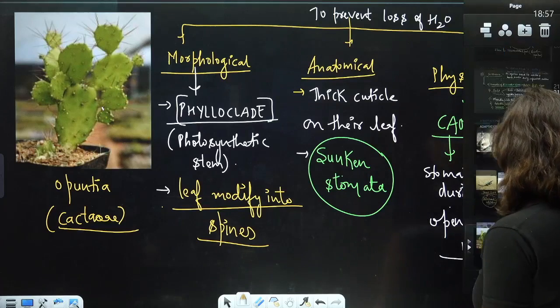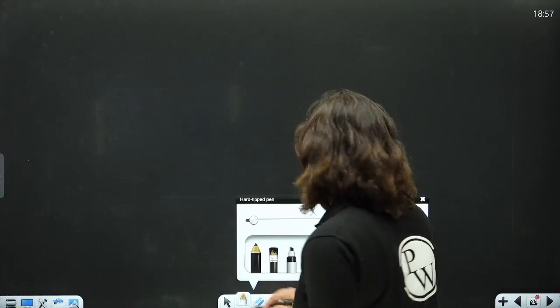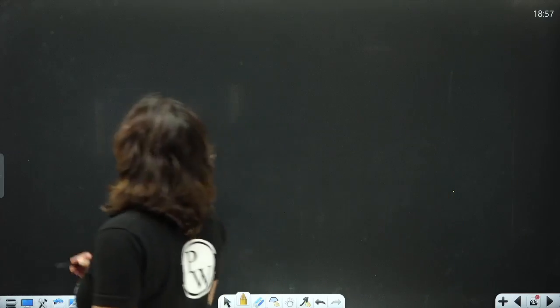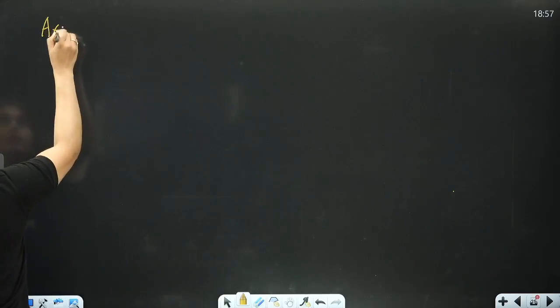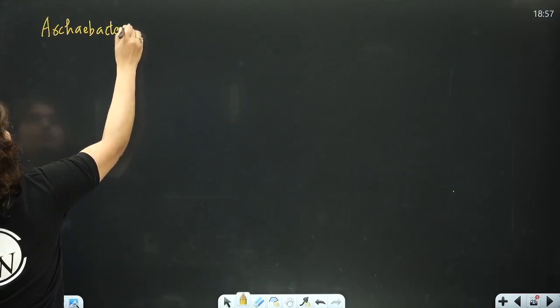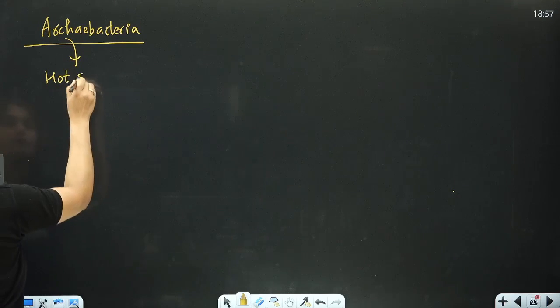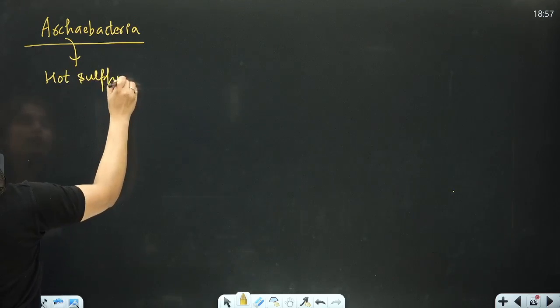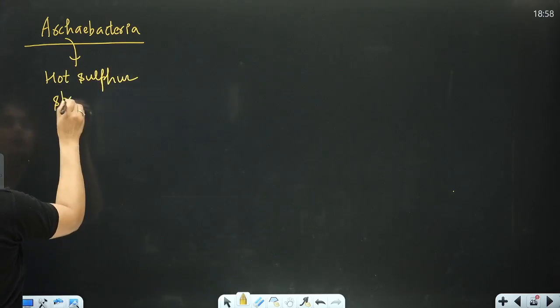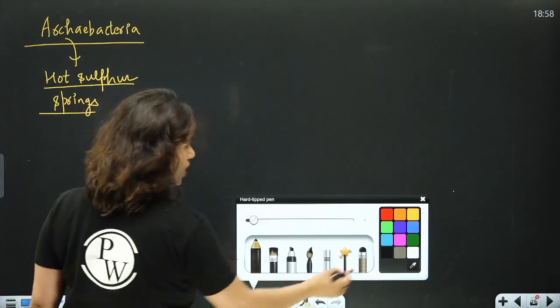Now, there are some other examples also given in NCERT, and some of the adaptations are Archaebacteria. You know, it's a special type of bacteria which is found in hot sulfur springs. I have told you this in biological classification, that Archaebacteria can tolerate harsh conditions.